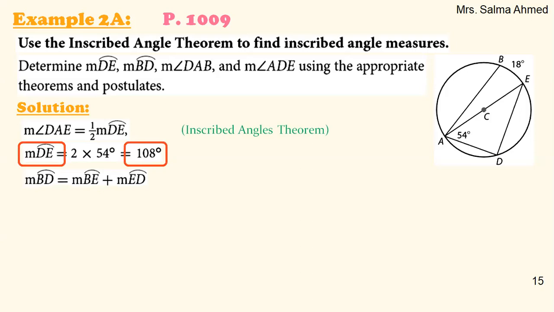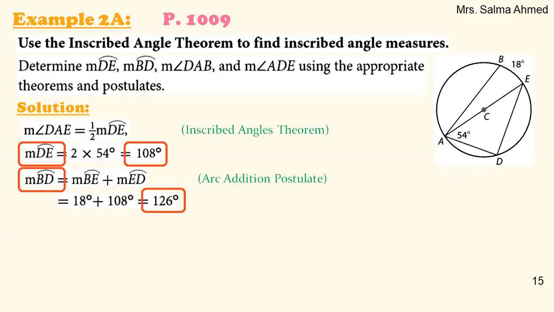Now I'm going to use the arc addition postulate. If I know that arc BE, and I have DE, I can find BD by adding these two arcs. So I'm going to substitute. This arc is 18, and this arc we got is 108. Add them, it gives me 126.